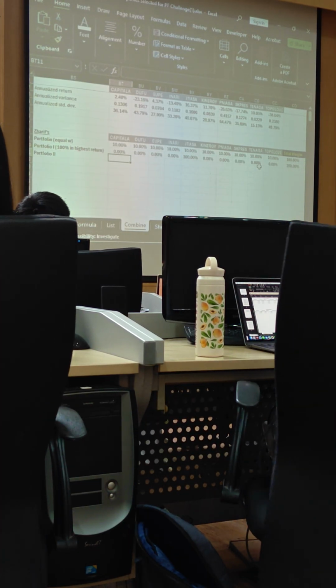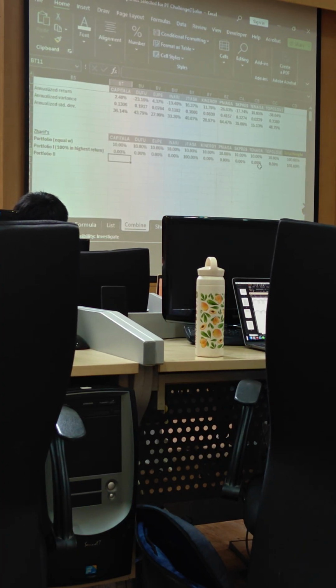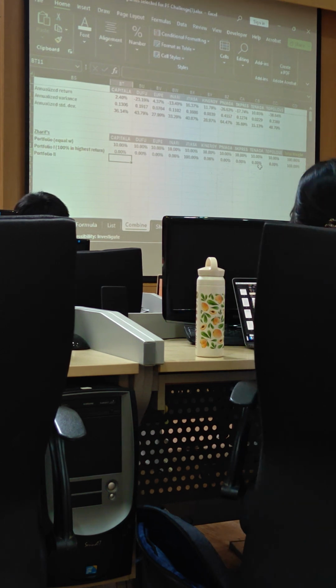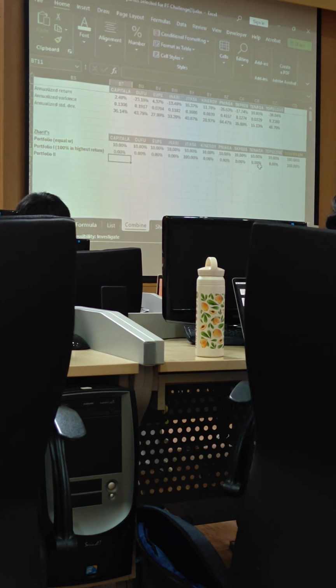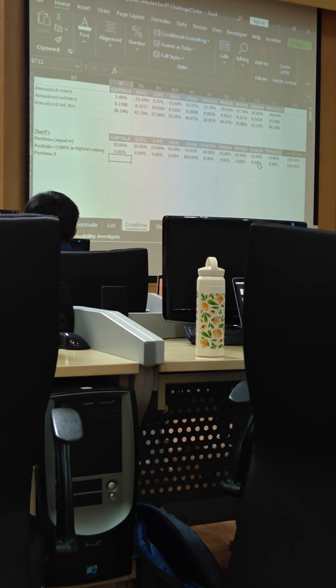You takkan dapat return lebih tinggi daripada 16.37%, which is JTSR punya return, because that is the highest possible return.